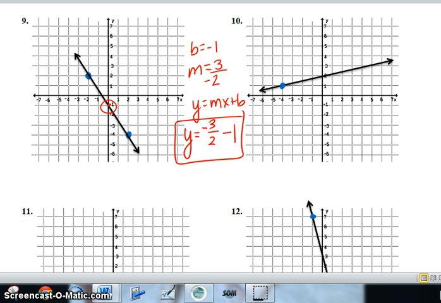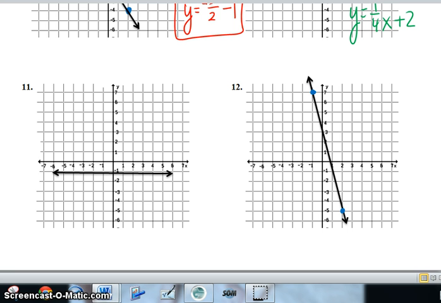For the graph number 10, we find our y-intercept to be 2, so b equals 2. And our slope would be up 1, so that's 1 over 1, 2, 3, 4 to the right, or +4. So that would mean our equation is y equals 1/4 x plus 2.